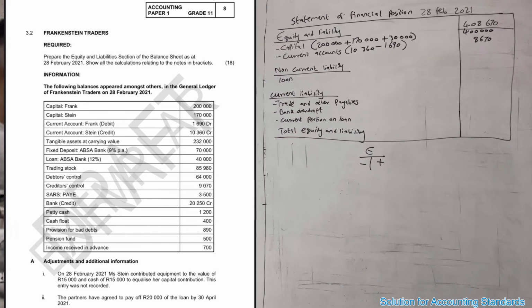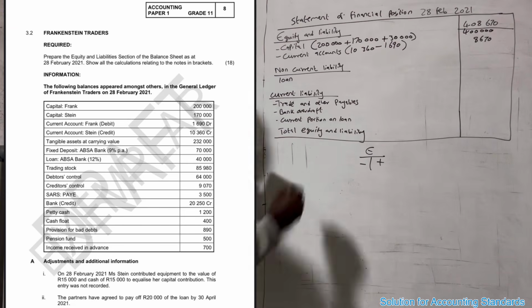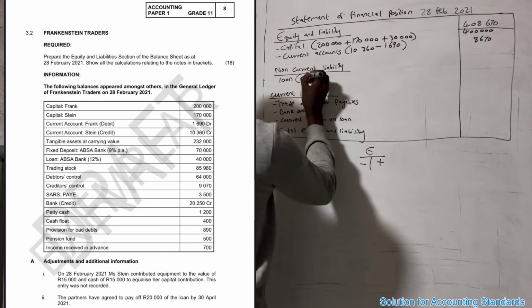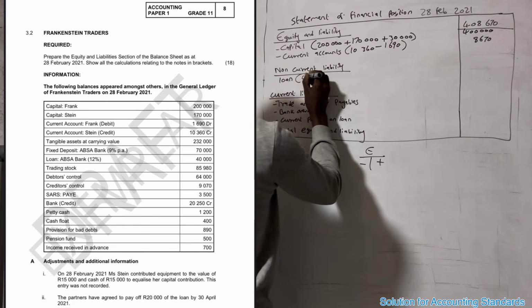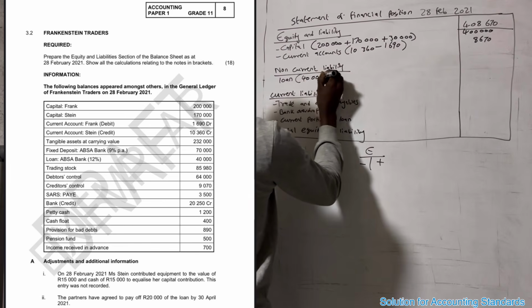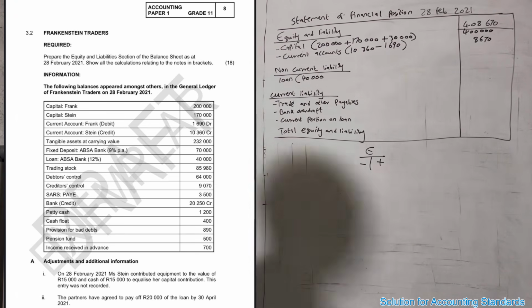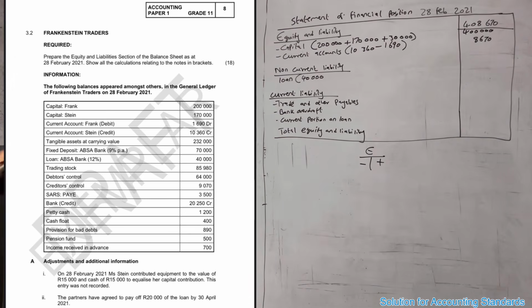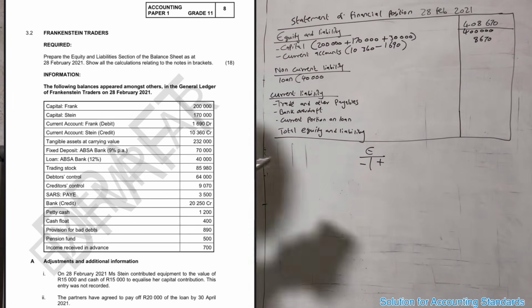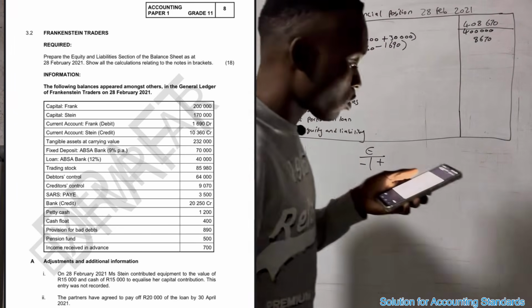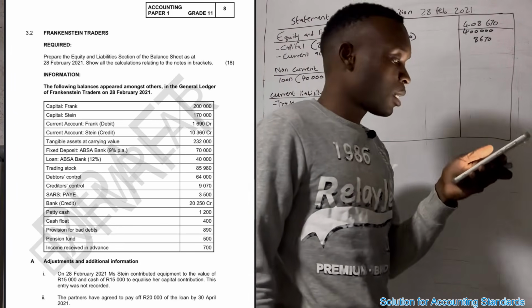Under the loan, at the beginning of the year, the amount was 40,000. They never tell us anything about the interest or any outstanding interest, so we don't do anything. But they say that the partners have agreed to pay 20,000 by 30 April 2021.